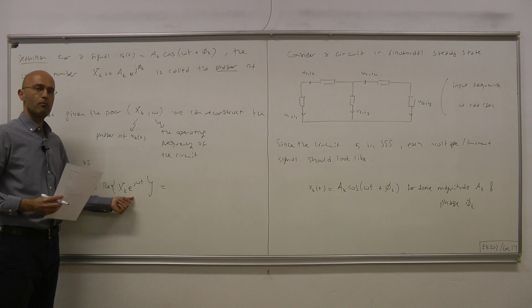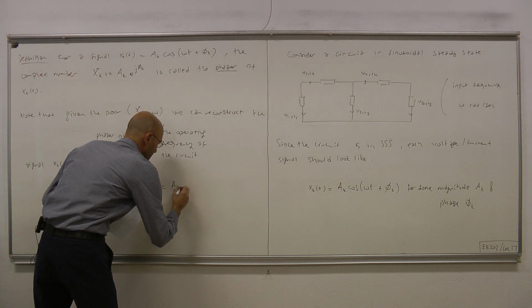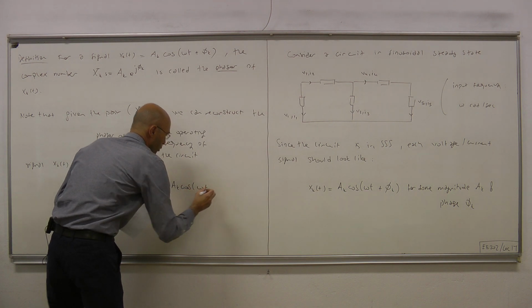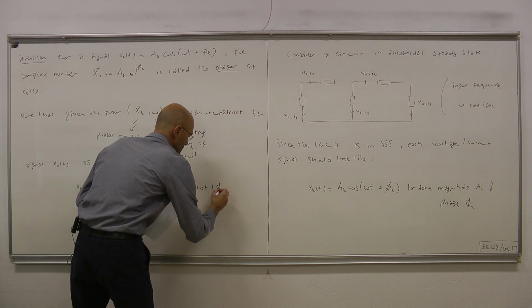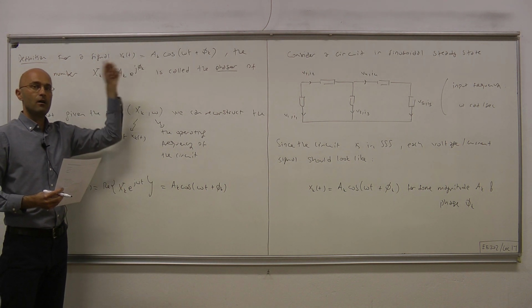And from Euler's identity, this equals clearly ak cosine omega t plus phi k, which is the signal that we started with.